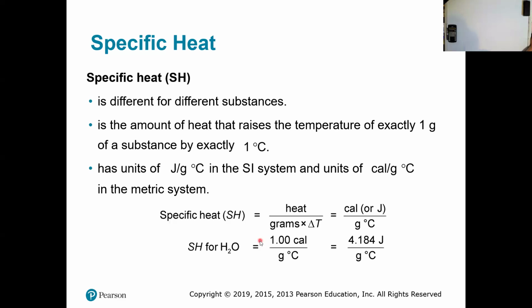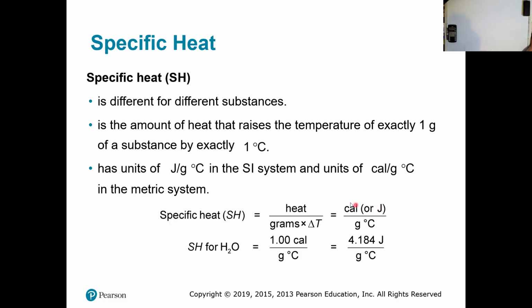What you're going to see is that the units for specific heat are going to mimic the variables that are in the numerator and the denominator positions of your equation here. So heat is in the numerator position. And so the unit that will be in the numerator position for specific heat will either be calories or joules, because these are our heat units, our energy units.